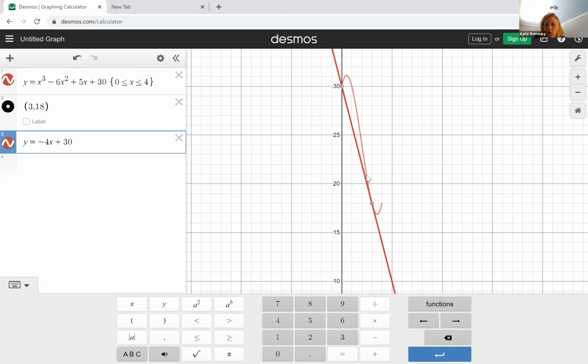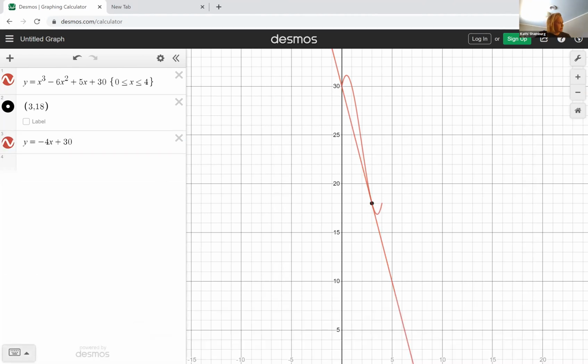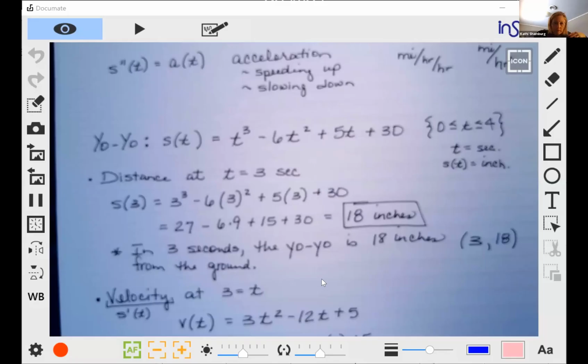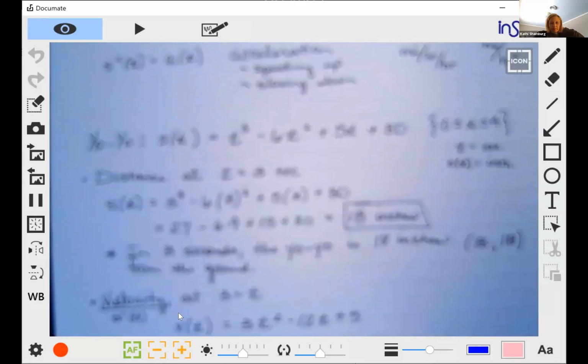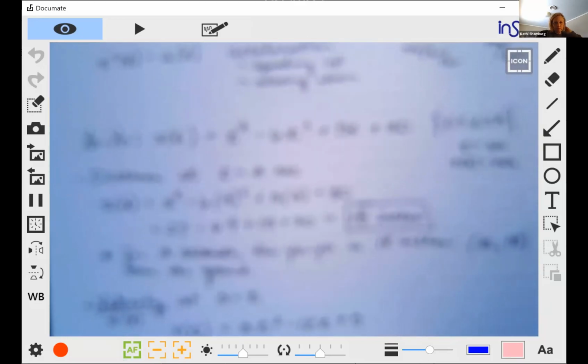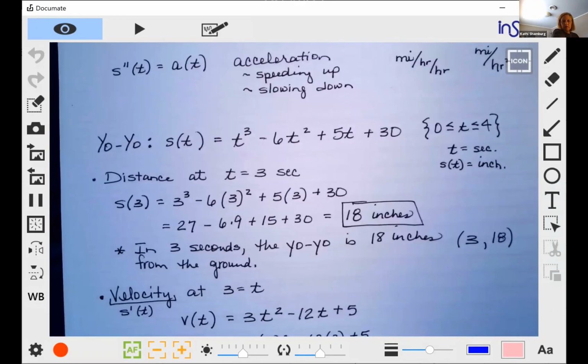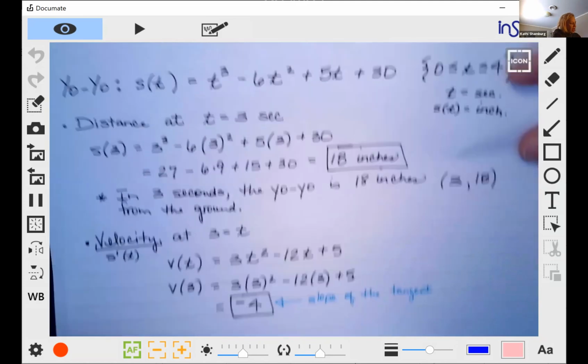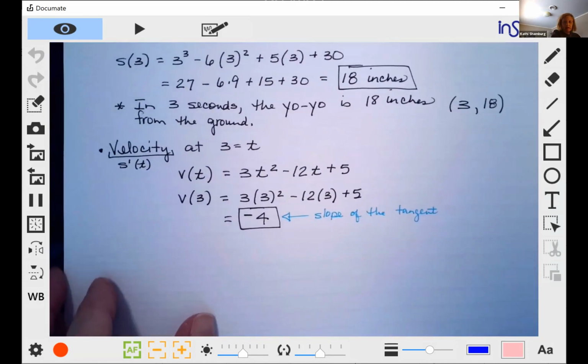And at this point, it is going downward. And so that all makes sense. Trying to get it focused up. Okay, so that is the velocity.